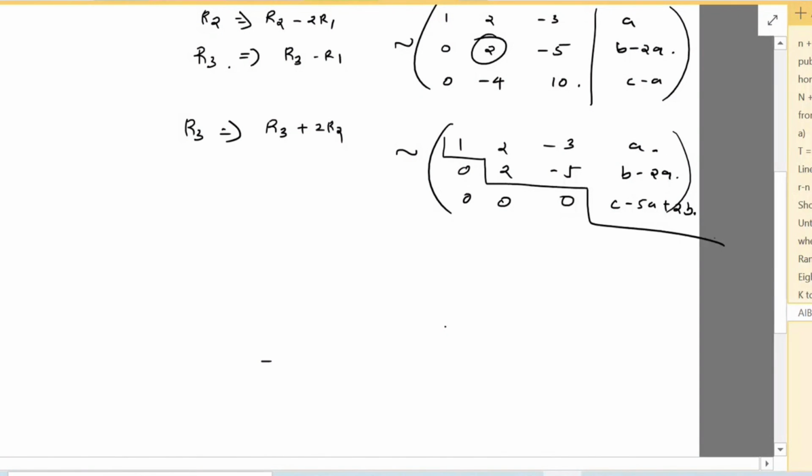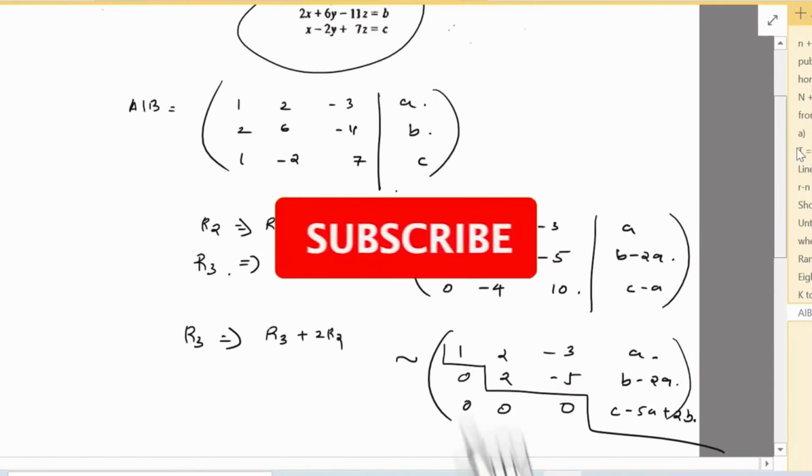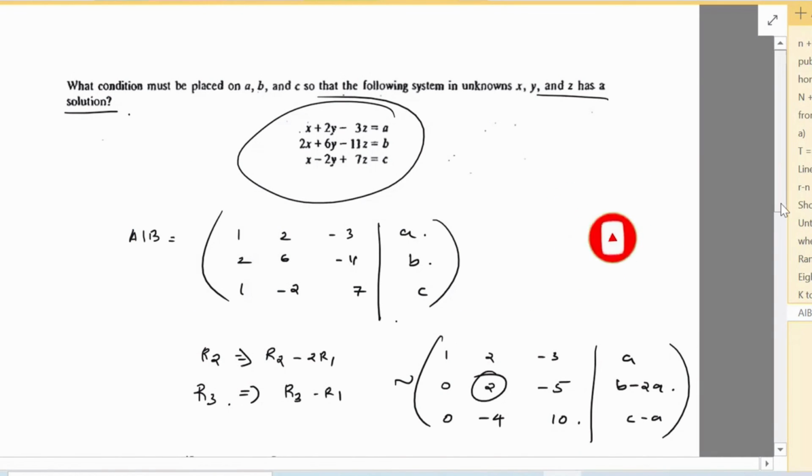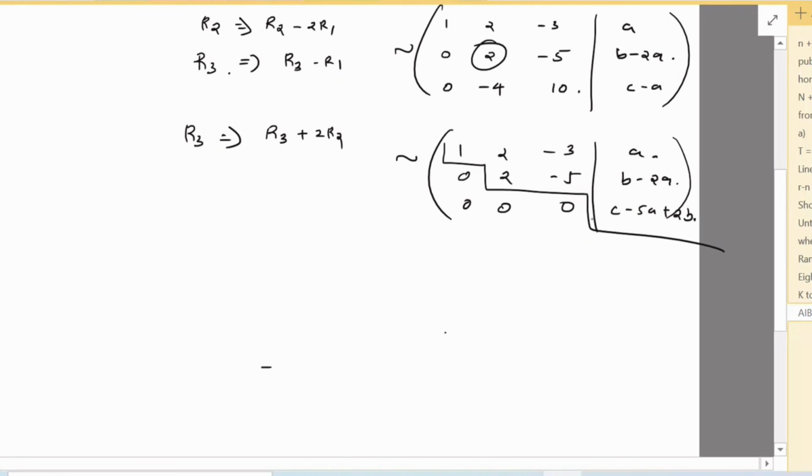Now what was the question actually? We need to find the relation between a, b, and c such that the system has a solution. Rank of A equal to 2.